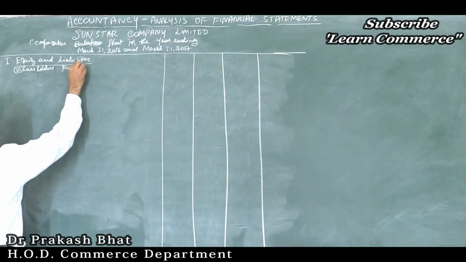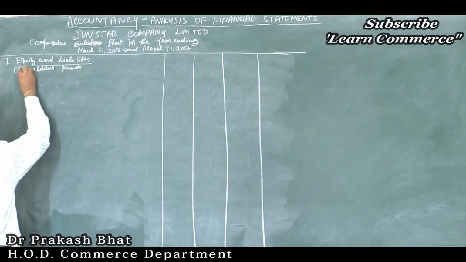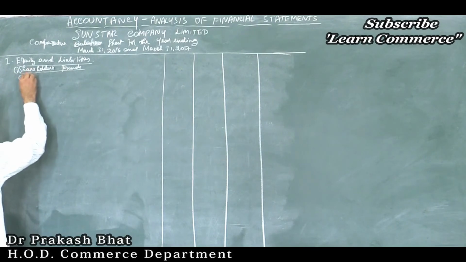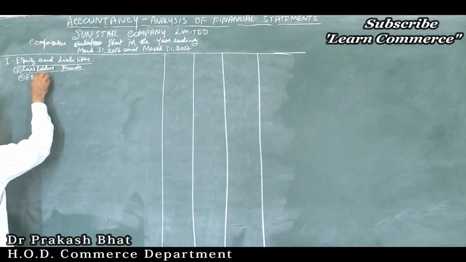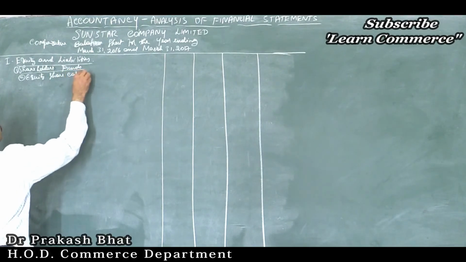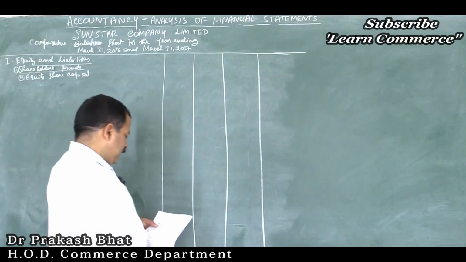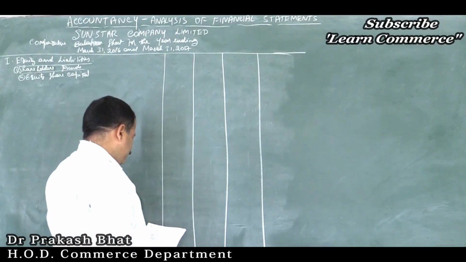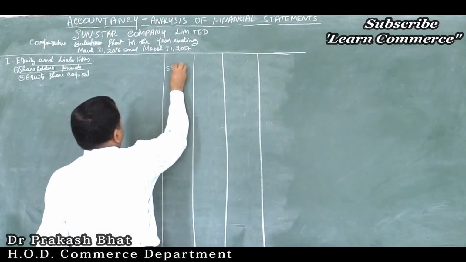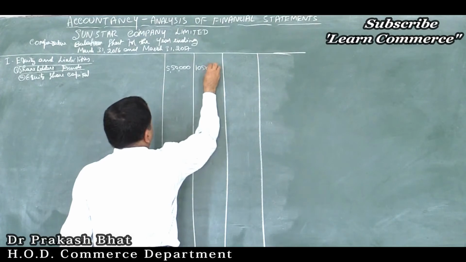Under that, point A, equity share capital. Equity share capital, here 5,50,000 and 10,50,000, right?